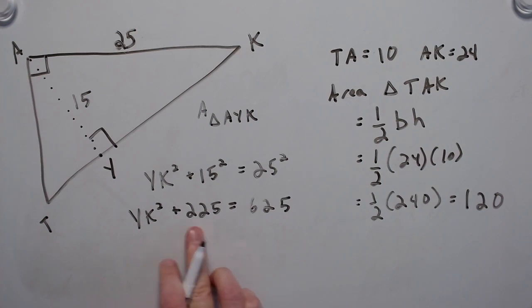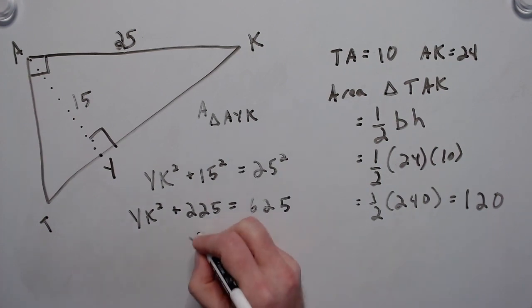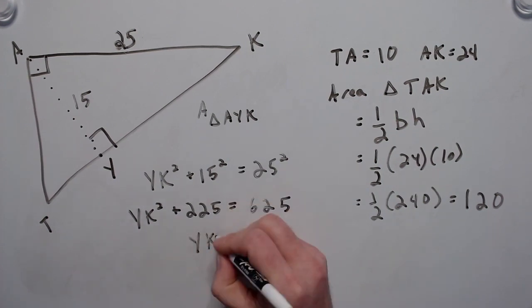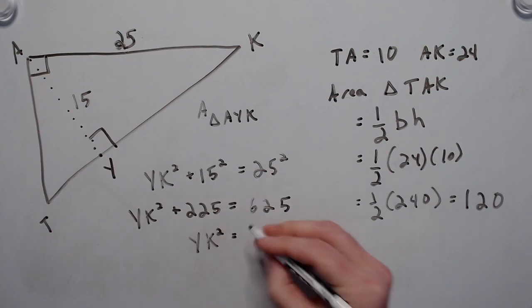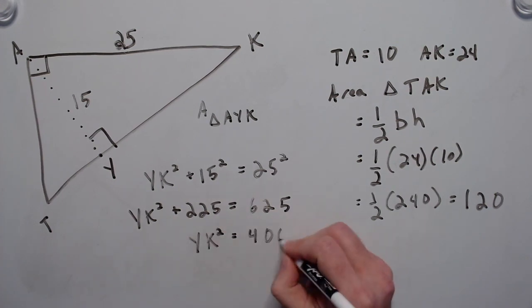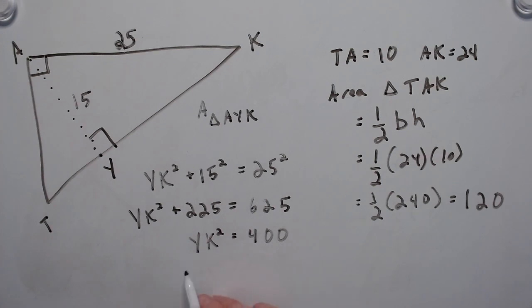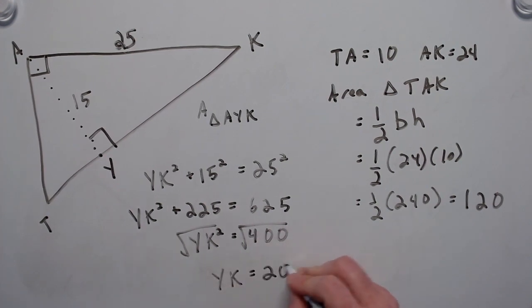We subtract 225 from both sides. YK squared is equal to 400. Well, that's a nice convenient number. If we take the square root of both sides, YK is equal to 20.